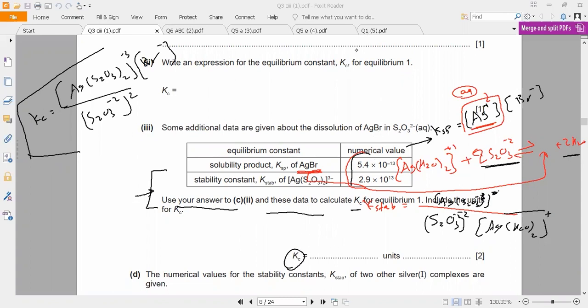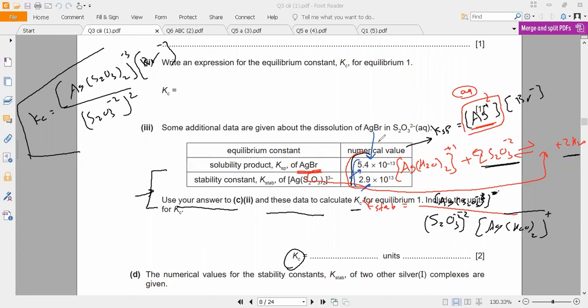So guys, what am I supposed to do with these two numbers? Should I multiply them? Should I divide them? Divide this one by this one, or this one by this one? How am I supposed to know?